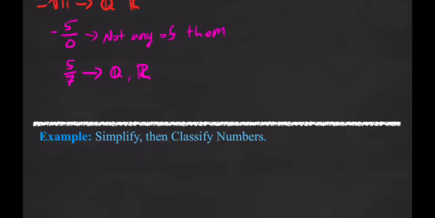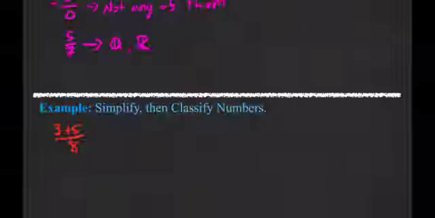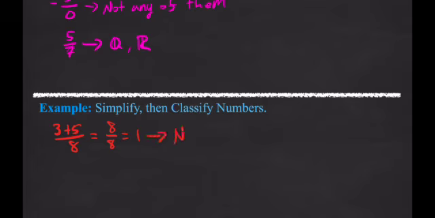Okay, so let's do some simplify, then classify. Let's say that we have 3 plus 5 over 8. We're going to simplify this before we can classify it. Let's do the top first. 3 plus 5 is 8. 8 divided by 8 is 1. 1 is a natural number.